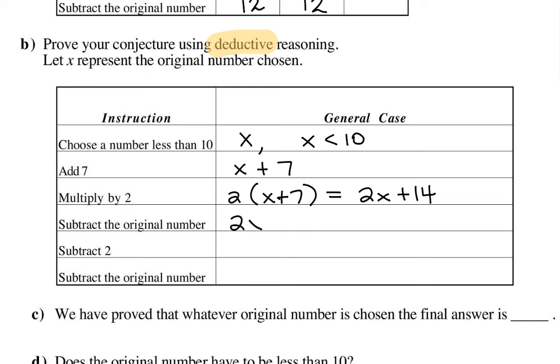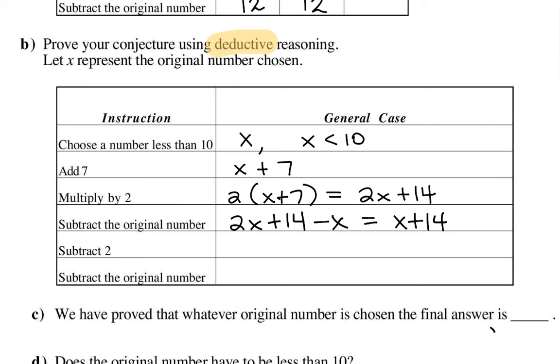So you have 2x plus 14, take away x, which equals what? x plus 14. If you can do like terms, what's 2 apples minus 1 apple? 1 apple. That's the same here. 2x minus 1x is x. And the plus 14 had no other like terms, so it just stays.